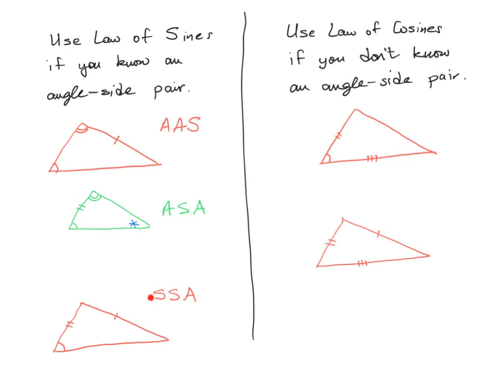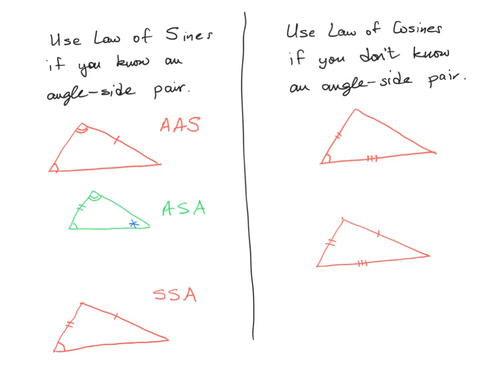So this is not a theorem for congruence, and therefore if you have this scenario, this is going to create what we're going to call in the next lesson the ambiguous case of the law of sines. You cannot necessarily solve it uniquely. There may be more than one solution to this scenario with the SSA.